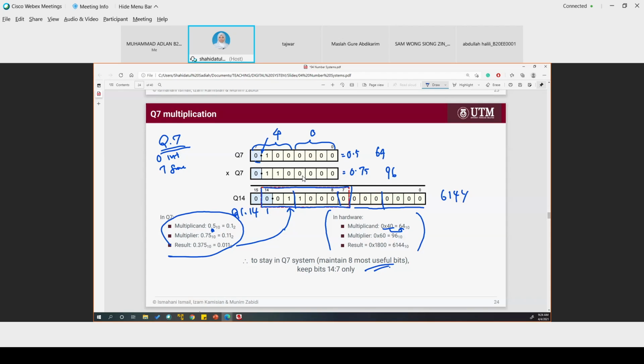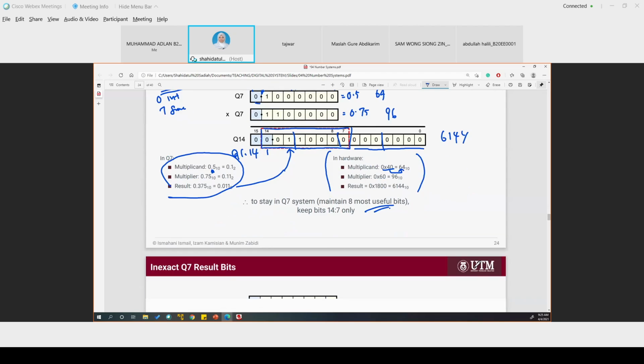Because when we multiply two Q7 numbers, the integer part will double and the fraction part will also double, but we truncate the fraction part and only take these 7 bits, from 7 to 13 for the fraction, and bit 14 is the sign bit.